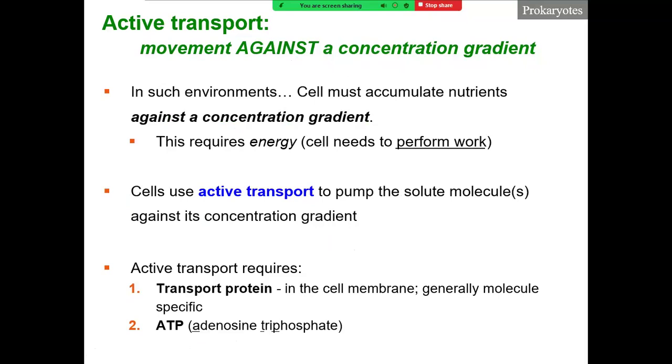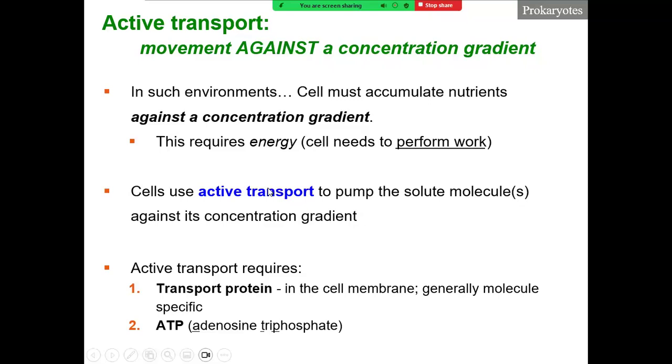So in such environments, the cell can accumulate nutrients against their concentration gradient by using active transport. This requires energy to move the molecule against its concentration gradient, because the cell needs to perform work. It uses an active transport protein to pump the solute molecule against its concentration gradient.